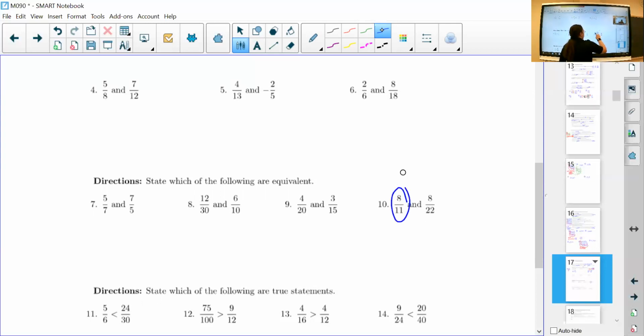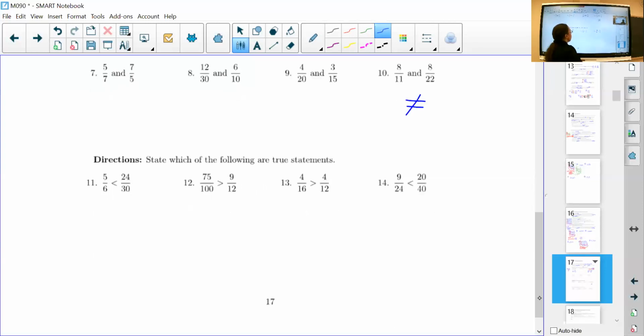So these are not the same. If the numerators are the same and the denominators are different, they're not the same. Think about which one's bigger. I'll let you ponder that.